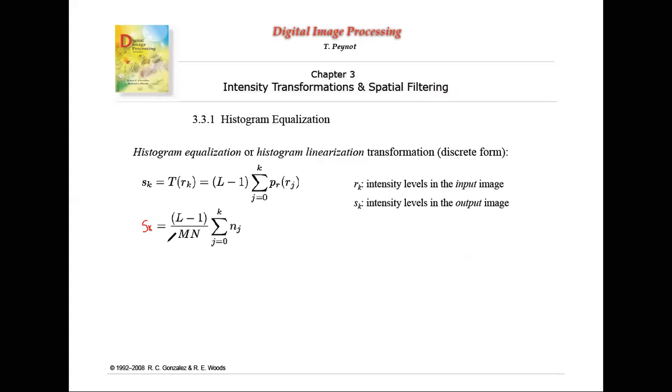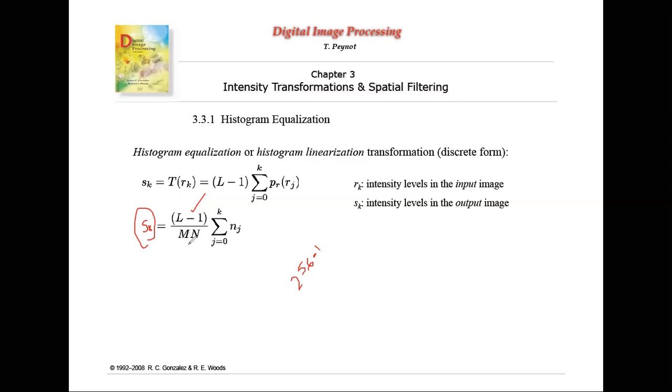So the output intensity shall be given by this formula. What is this? L minus 1. Now say if I have colors from a 8-bit image, then L is 256, 2 to the power 8. 256 minus 1 divided by m into n.